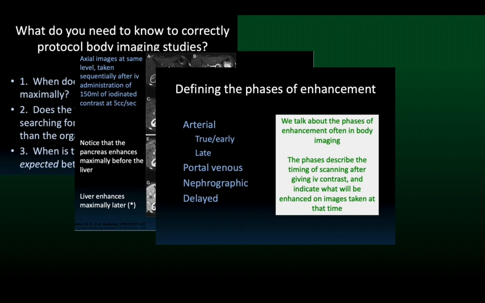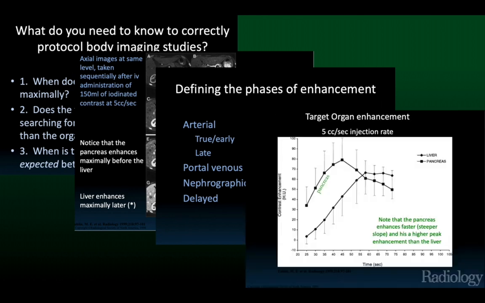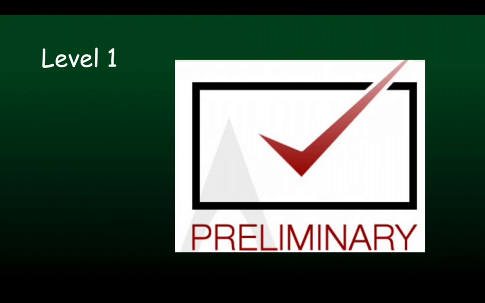It defines the various phases of enhancement that will be the terms used in our protocols. And it gives information about target and peak organ enhancement, as well as the enhancement pattern of certain types of tumors. So we give them that background information before they arrive on our rotation the first day.